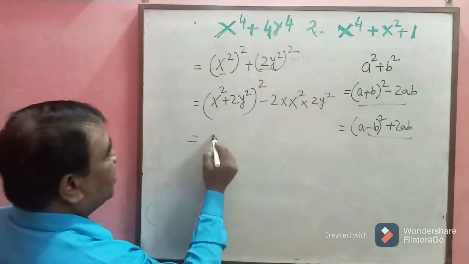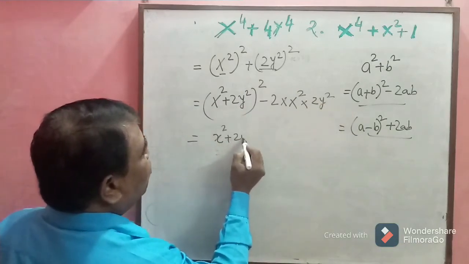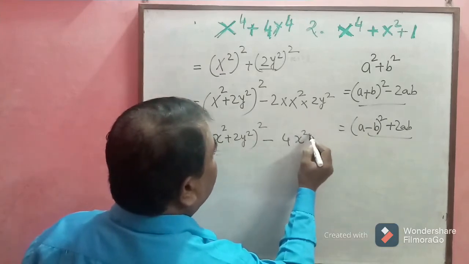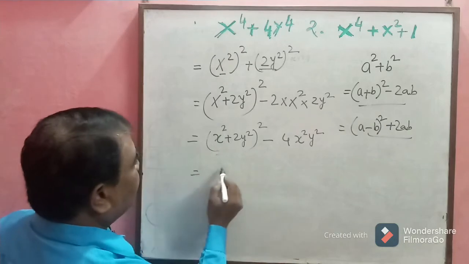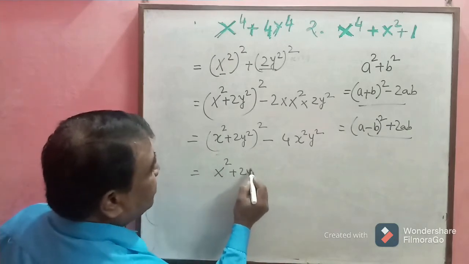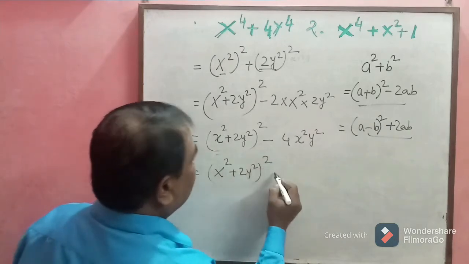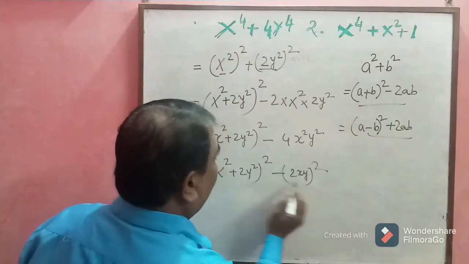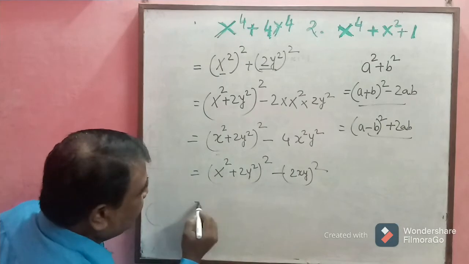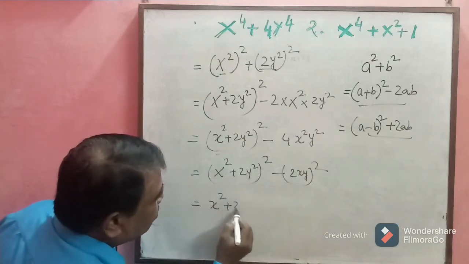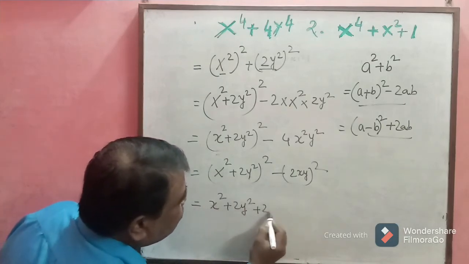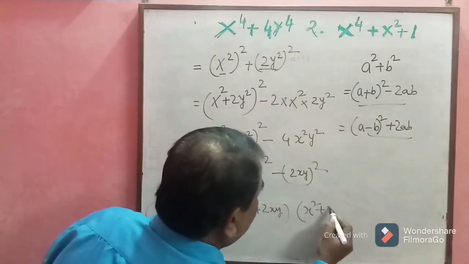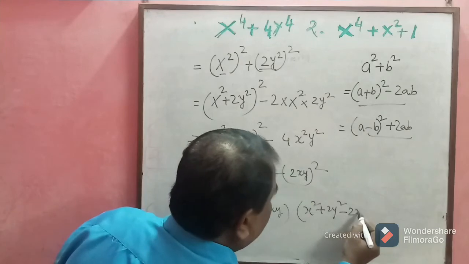So here it is x square plus 2y square whole square minus 4x square y square. Again I can change this into a whole square, that is this one minus 2xy whole square. So obviously this is the difference between two squares. Now we don't have any hassle. This is x square plus 2y square plus 2xy, and this is x square plus 2y square minus 2xy.